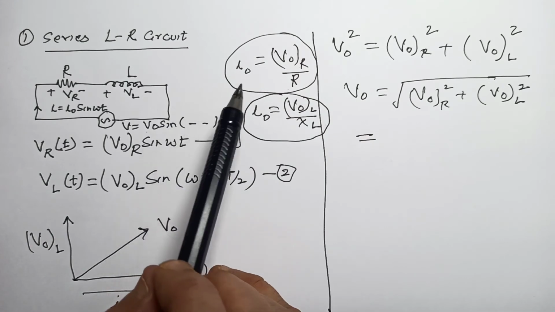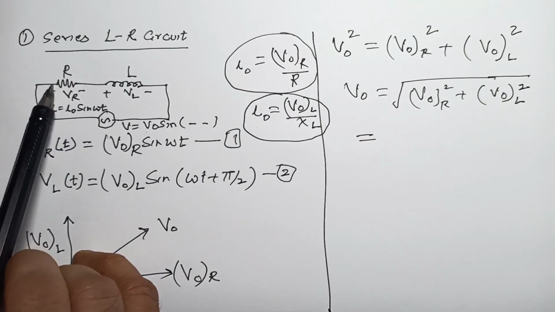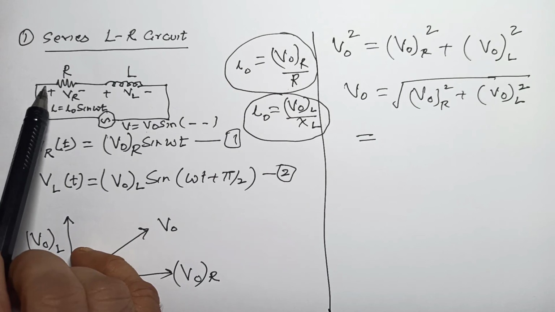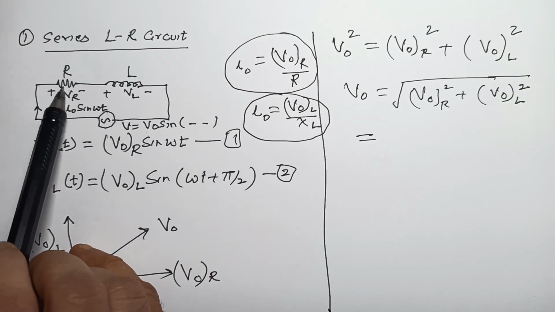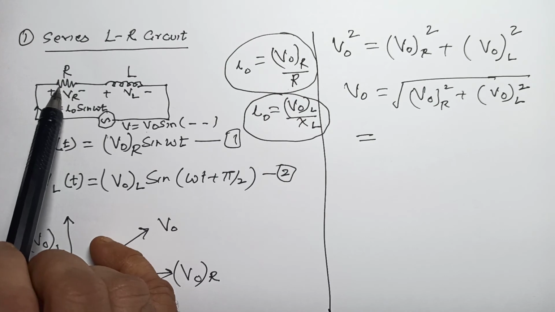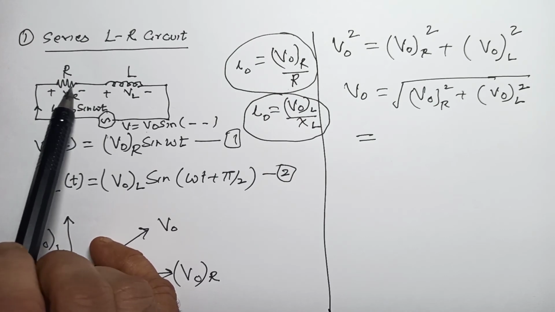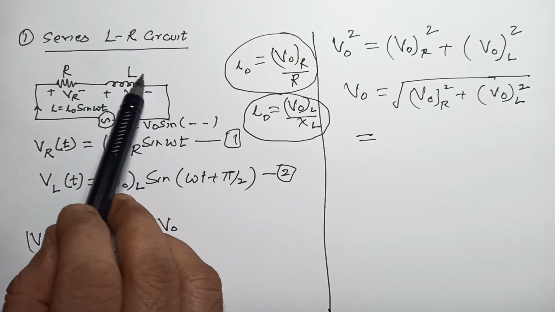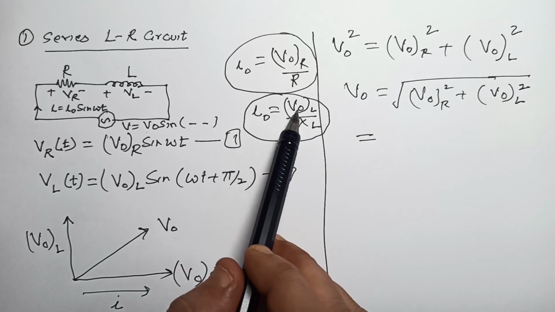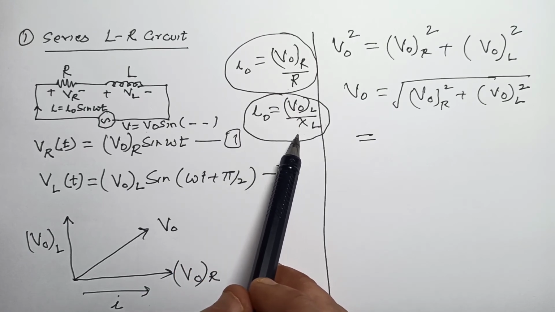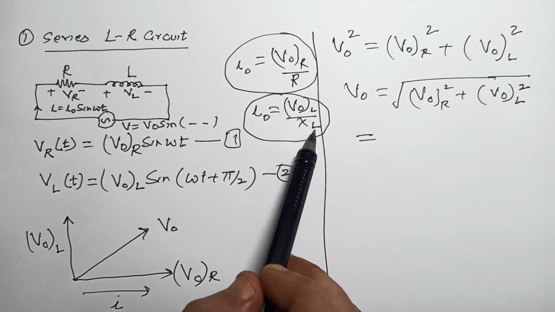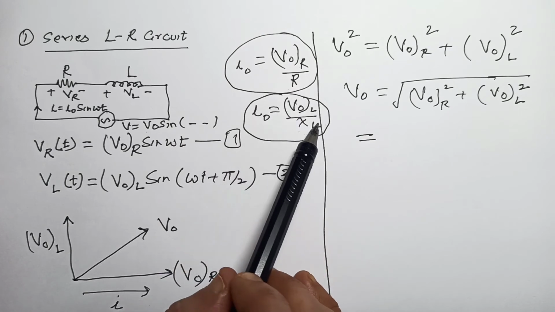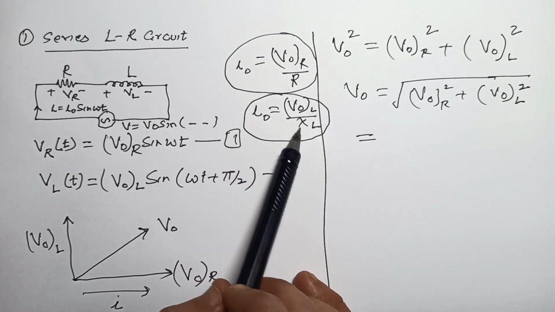Again, see, V is equal to IR. So we can say the peak value of the current is equal to V naught, the peak potential across this, divided by the resistor. Similarly, for the inductor, we can say current is equal to potential by XL. Because this behaves just like a resistor. In resistors it is R, but in an inductor it is omega L, which is XL.